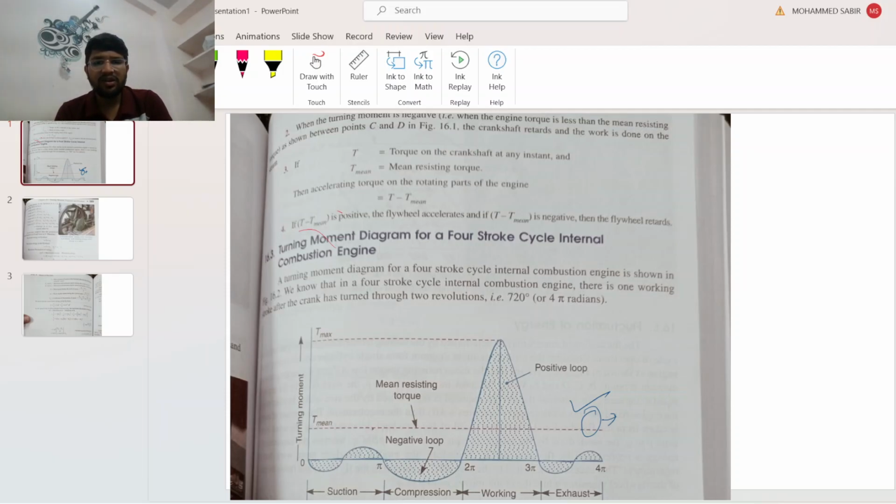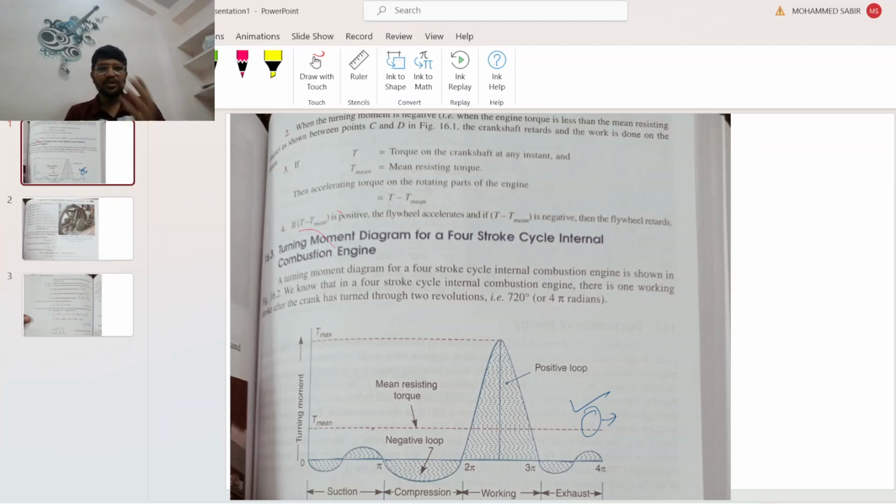In this section, we want to find out the basic dimensions of a flywheel, like what should be the radii of a flywheel and the other parameters. That's why we are focusing on that.